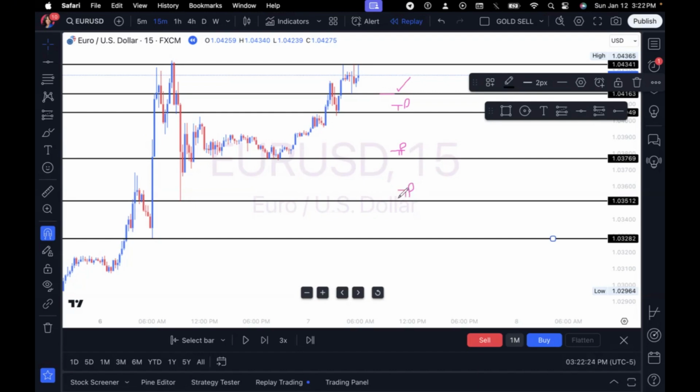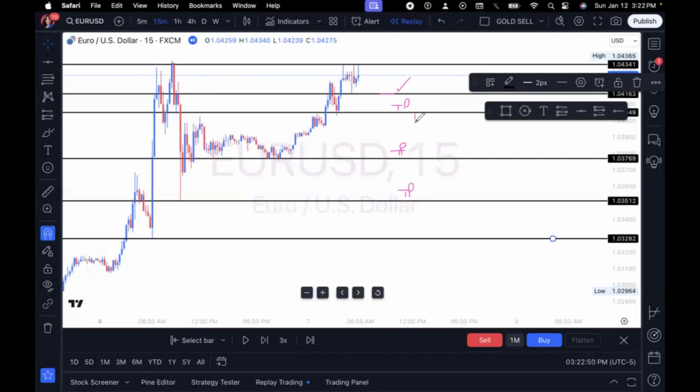Now, you can use these same levels as entry points. So as the market falls here, this will be your first sell stop, and this will be your first TP. Now, your first TP can also be your second sell stop, meaning as soon as this trade closes at this price, another trade is going to be triggered because your first take profit is your entry point for your second sell stop.